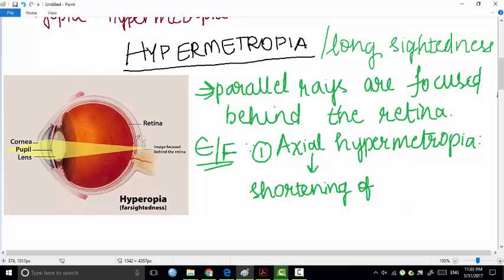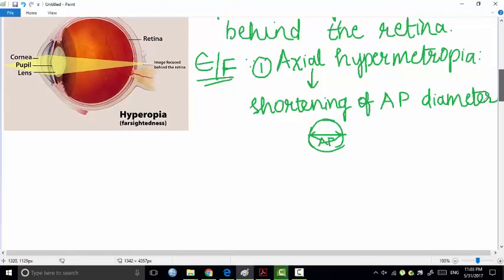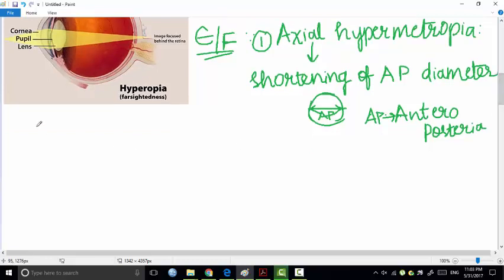This is anterior, this is posterior. So the AP diameter is shortened. This is axial hypermetropia.